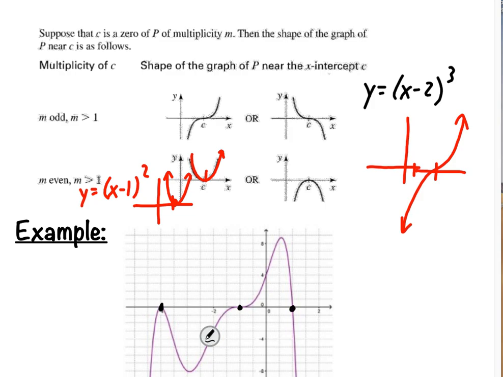You can see that the zero on the far right over here is just going straight through. When it's going straight through, it just exists there. Some people will say it has a multiplicity of 1. That value over there is a 2. If you want to state it, you could say it has a multiplicity of 1. I just don't usually state a multiplicity if it's 1.